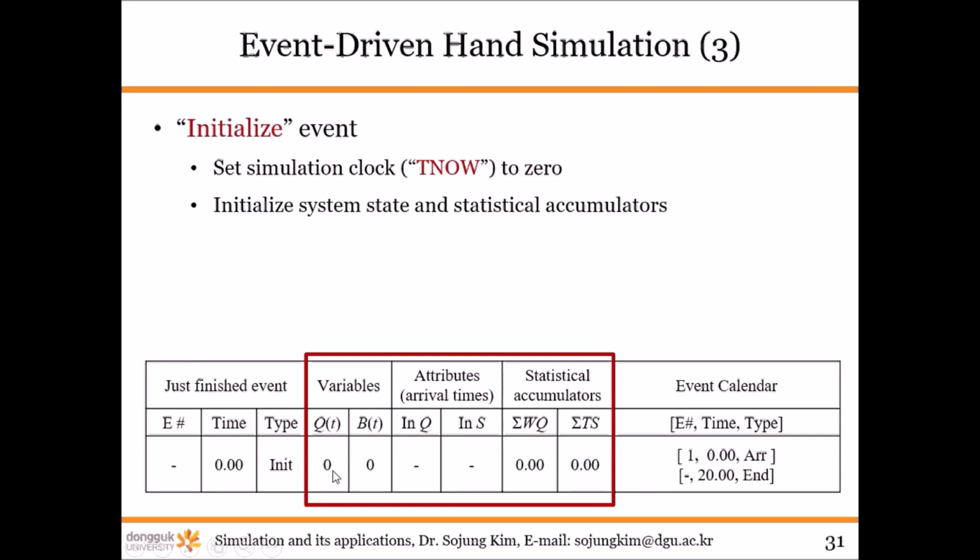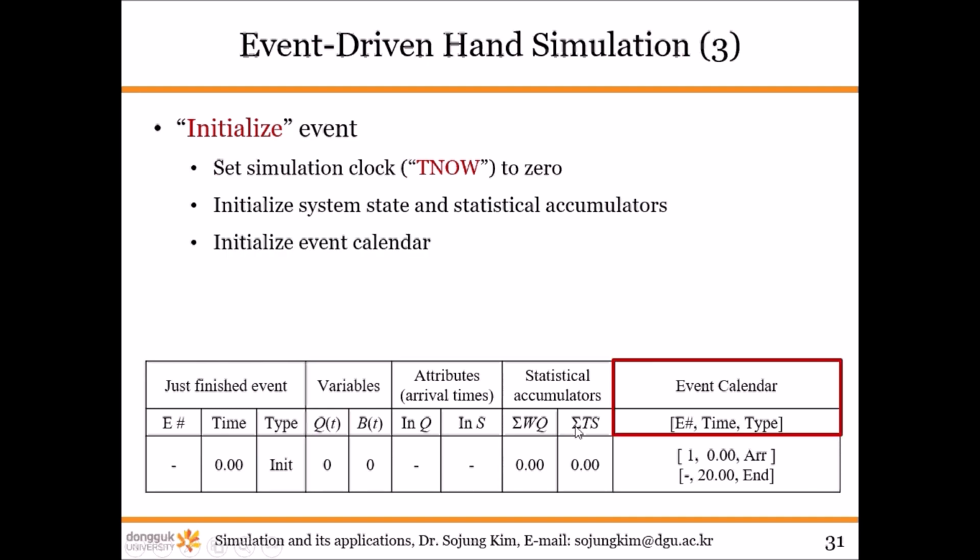So Q(t) becomes 0, B(t) becomes 0, and the waiting time and total time in the system will be 0, right. And also initialize the event calendar here. The event calendar has entity number, time, and type. And if you look at this event calendar, we have the first entity arriving. This is the event type, right? Arriving at time 0.